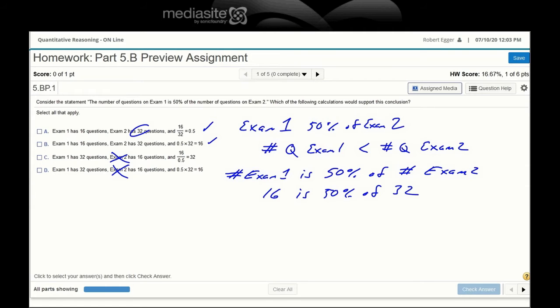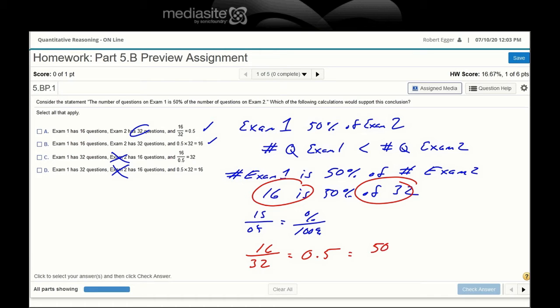Now, is 16 50% of 32? Is over of equals percent over 100%. 16 over 32 is 0.5, and 50% over 100% is also 0.5. So, yes.